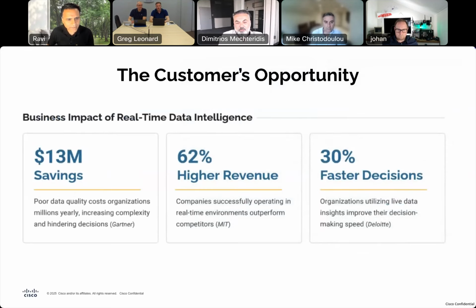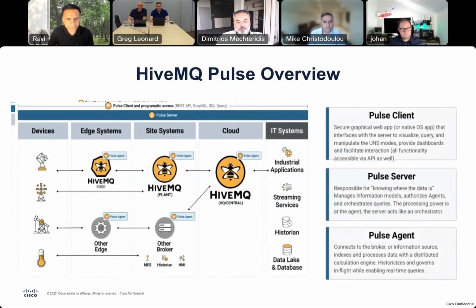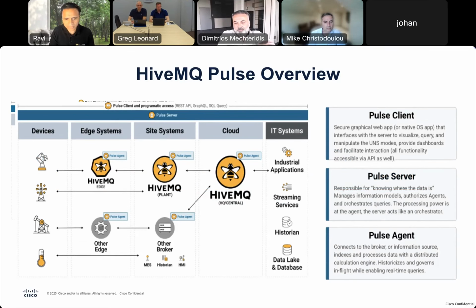And looking at real-time data intelligence. Not all data can be moved, or OT cannot move all of the data, but you still want to drive some business intelligence. That's where this new platform that we have developed called Pulse comes in, where you have a server sitting on top of our existing solutions, with different agents that can go and do some compute around information, and then pull in all the results.